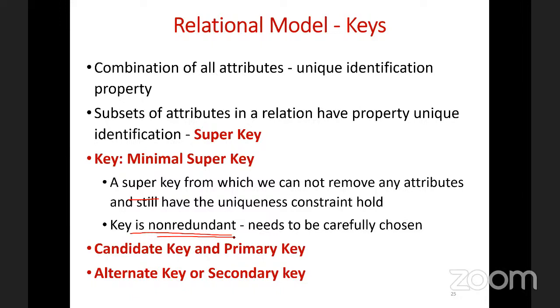But those who are interested must know that there is an engine number and a chassis number. Every car has an engine, right? So the engine number and chassis number are also unique. So for the car, we can choose the vehicle registration number, or the engine number and chassis number. Two candidates are there. One will be chosen as the primary key, and the other will act as a secondary key.